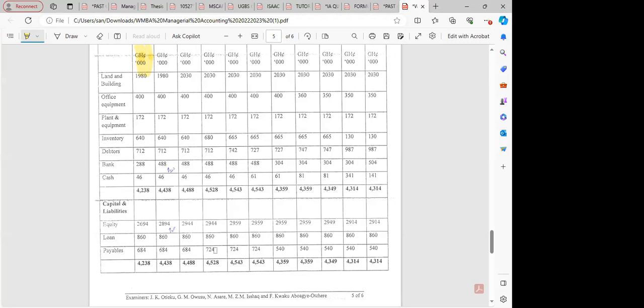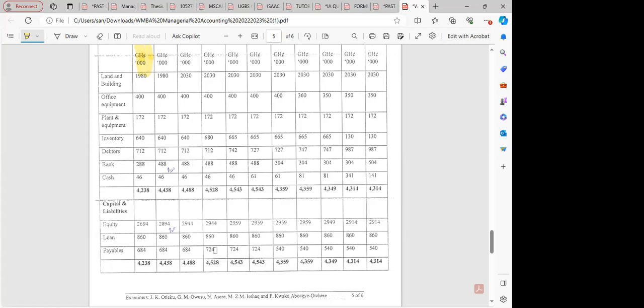So what is payable? Payable refers to people that you bought from on credit. And then inventory is your stock, the stock that you trade in. So what would happen for those that you owe to increase by 40, and your inventory or stock to also increase by 40?